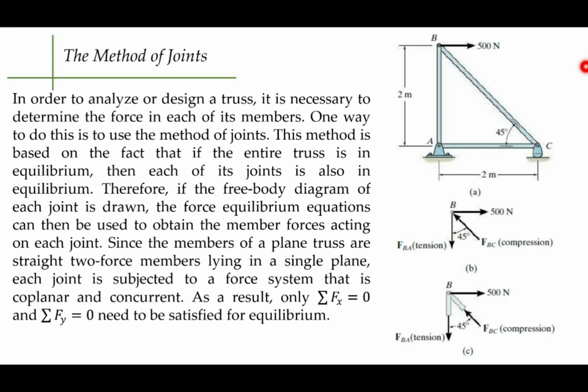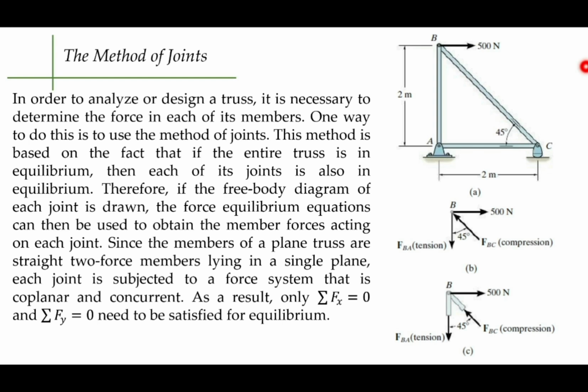Since the members of a plane truss are straight two force members lying in a single plane, each joint is subjected to a force system that is coplanar and concurrent, which means that only summation of forces x and summation of forces y equal to 0 need to be satisfied for equilibrium. So that is the method of joints, a concurrent coplanar force system.